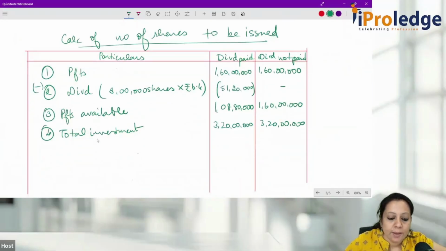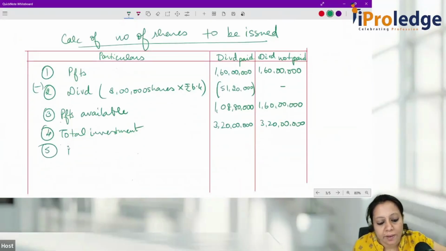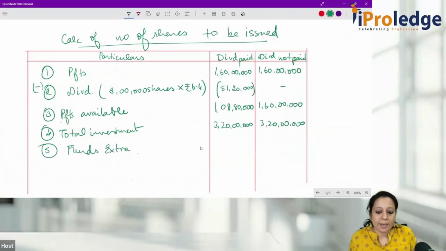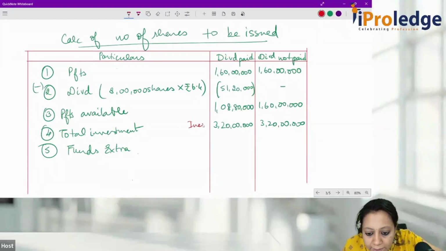So now, how many funds extra do I need? I will write it in red color. I need this much. I already have this much.